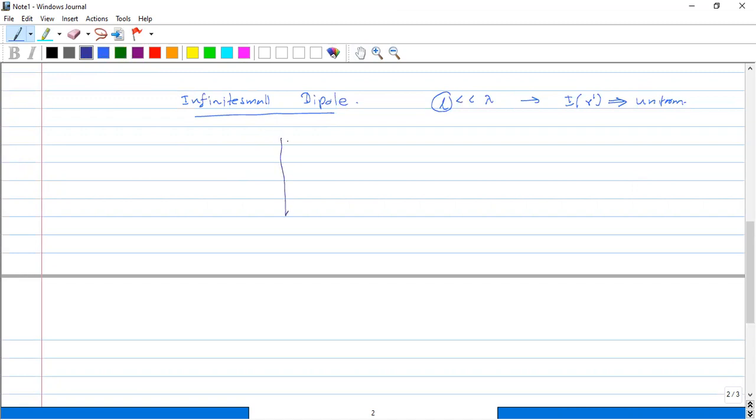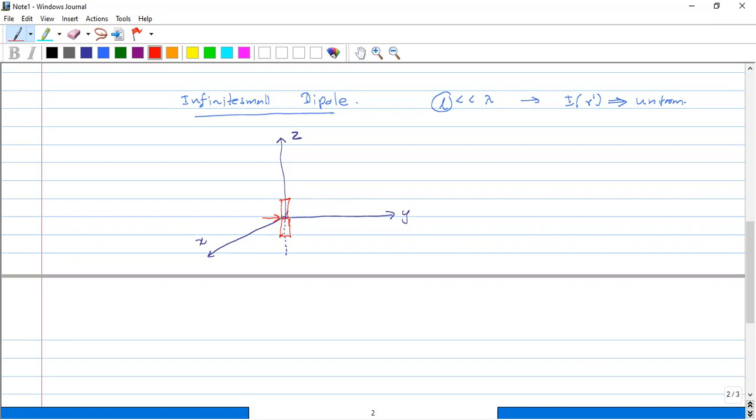We consider the rectangular coordinate system, so this is Z, X, Y. We have placed our dipole along this Z axis. The feed point is this one, the initial point, 0. So this is our dipole.